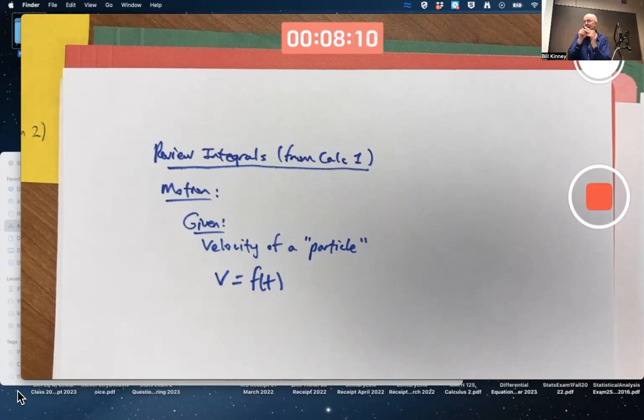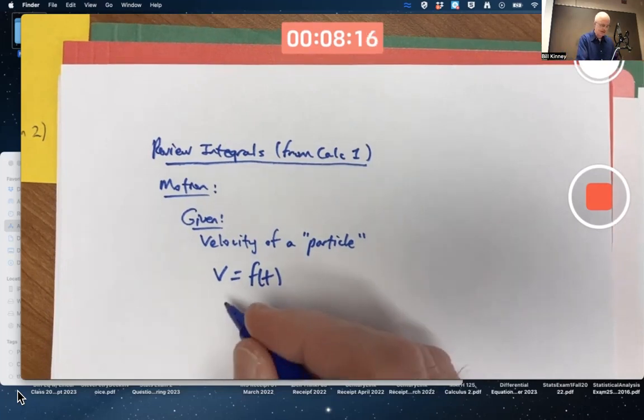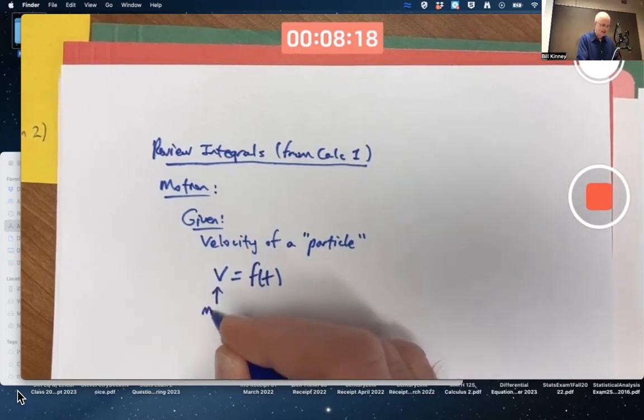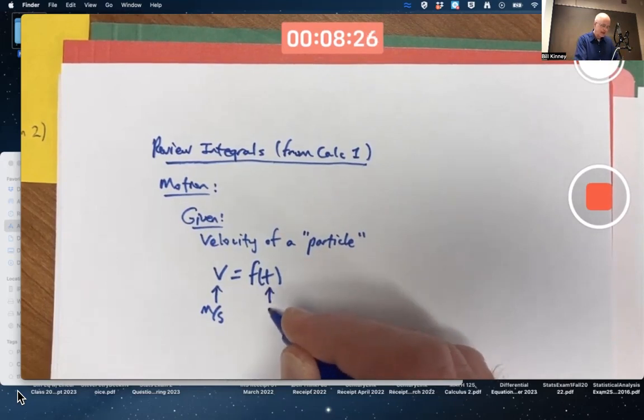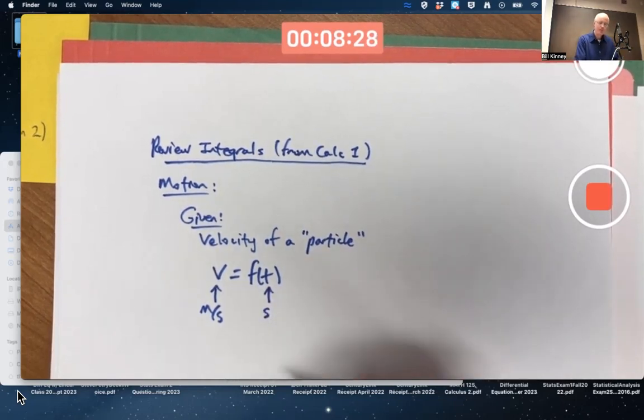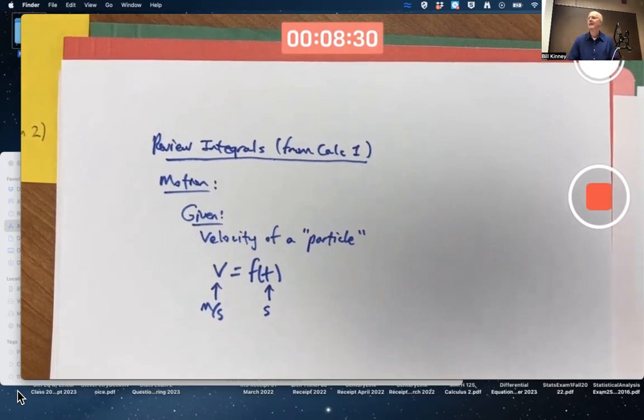Maybe it's appropriate to use millimeters per minute, or centimeters per second. Okay, well, I'm going to use meters per second for my velocity. Use the standard units. M per S means meters per second, meaning time is in seconds. That would be my units.